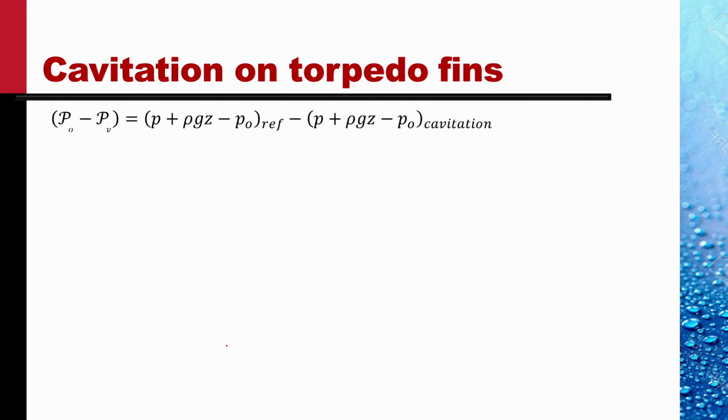The value of script P minus script PV is P plus rho g z minus P naught reference, which could be at the surface of the sea, minus P plus rho g z minus P naught when the cavitation occurs.